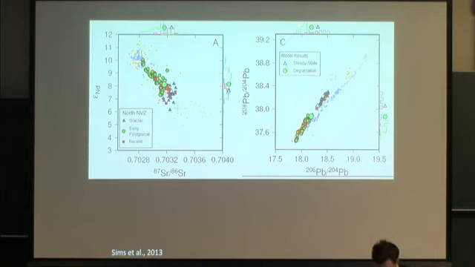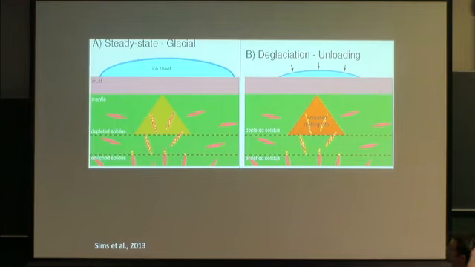But one way of accounting for this sort of variation is that there are fusible heterogeneities in the mantle underneath Iceland. When the ice sheet is here in a sort of glacial steady state, you would have some contribution from these fusible heterogeneities, the melts generated from them, and some contribution from a more depleted, refractory surrounding mantle matrix.